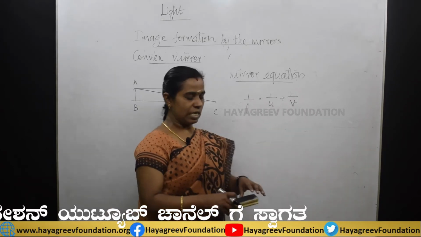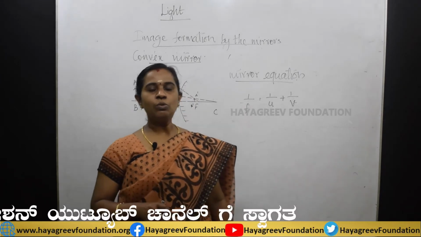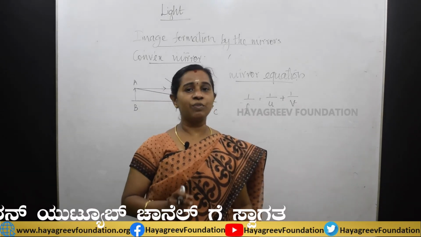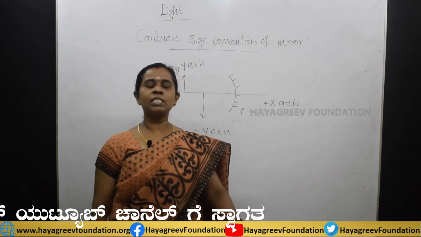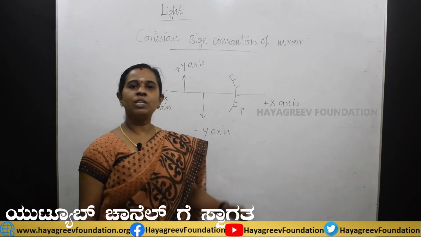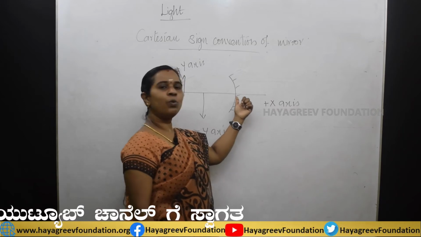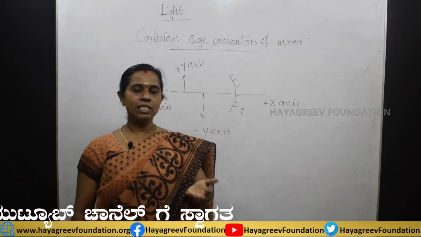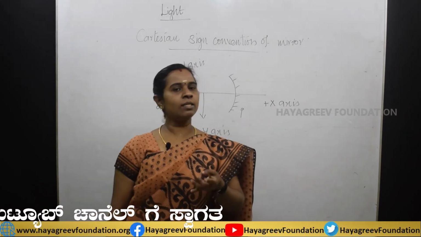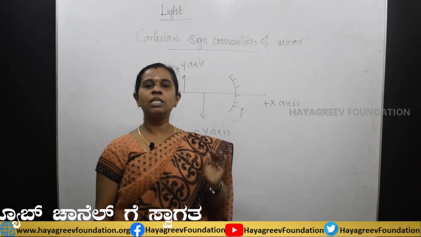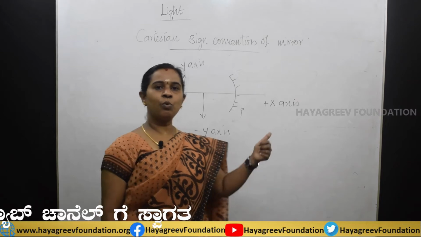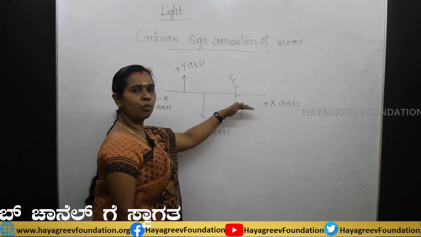This is mirror equation. Now I am going to explain the Cartesian sign convention of the mirror. First, all the distances we are going to measure from the pole of the mirror, either radius of curvature, focal length, object distance or image distance. All the distances we measure from the pole of the mirror onwards.